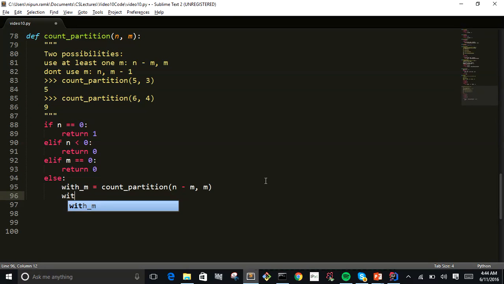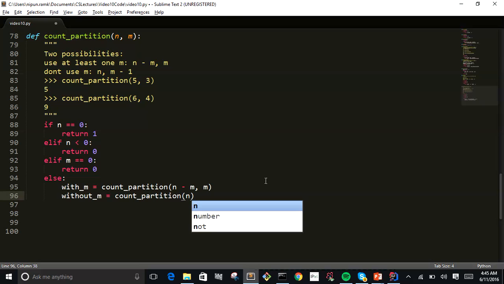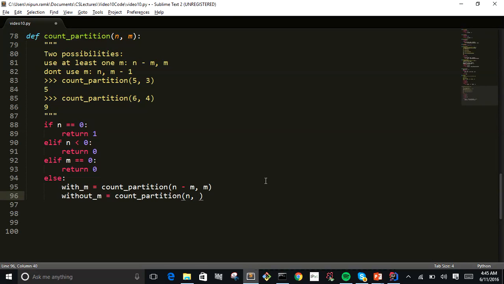Alright, and then we also have without m as a choice. And how many ways can we do that? Well, that's just to count partitions of n using the next largest number, which is m minus 1. Because if we can't use 4, for example, then we can only partition 6 using parts up to 3, and so on.